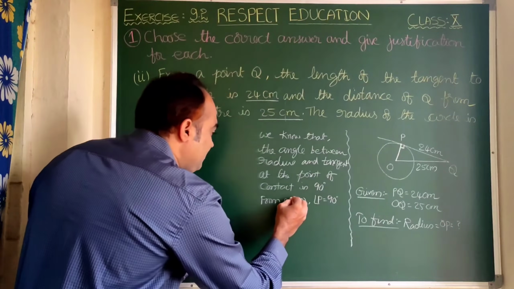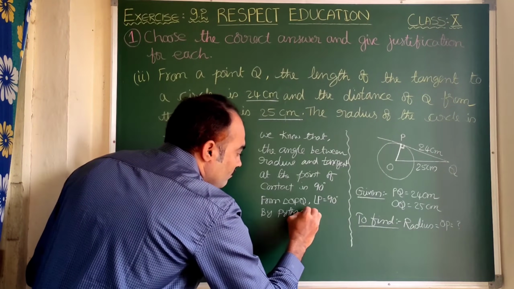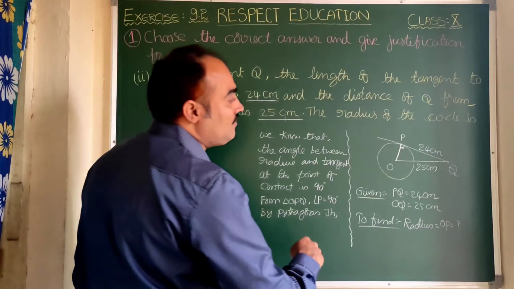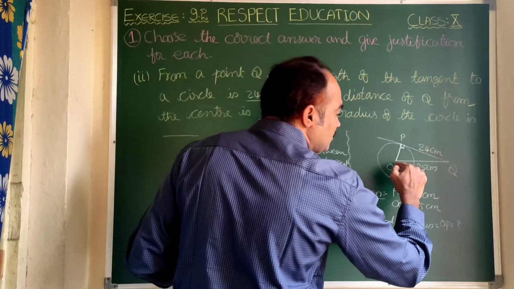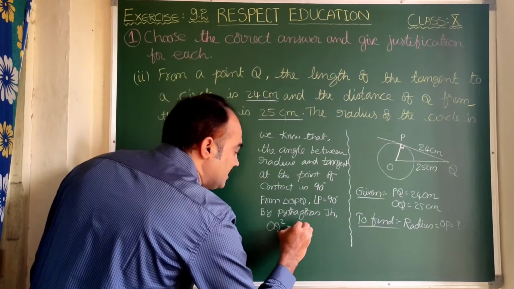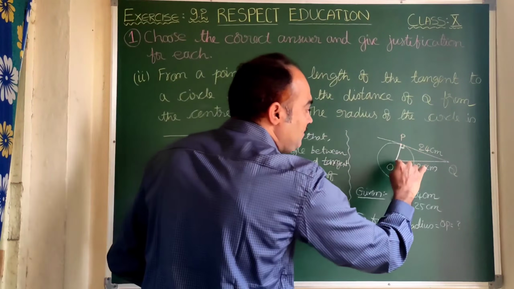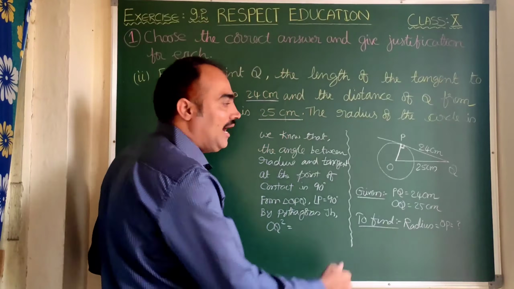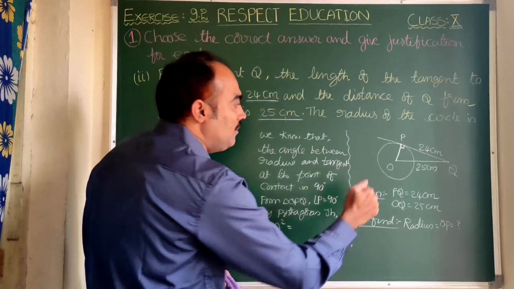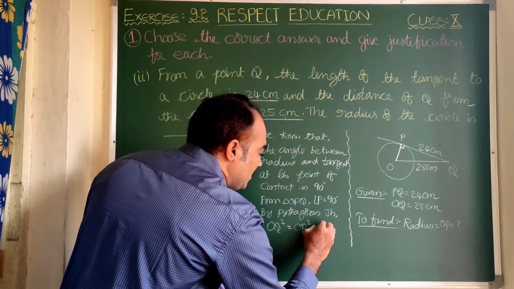So let us write, by Pythagoras theorem, the square of the hypotenuse, here OQ is the hypotenuse, so OQ square, is equal to the sum of the squares of the other two sides. The other two sides are OP and PQ. So OP square plus PQ square.